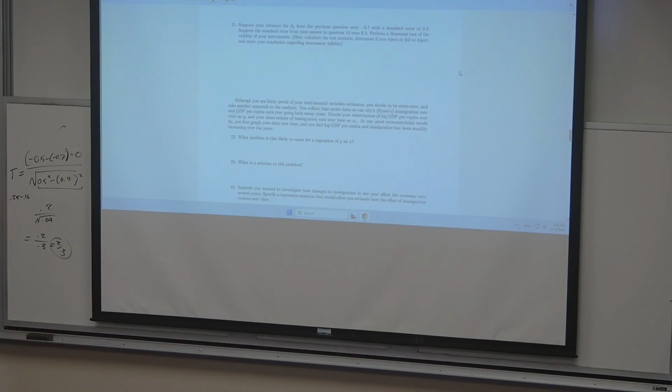I have a question on interpretation of the test. If we reject, then our instruments are not valid? Correct. Well, if you reject, there's a substantial difference between your subset of IVs and all of your IVs. Something's going on there, probably with the consistency of your subsets.